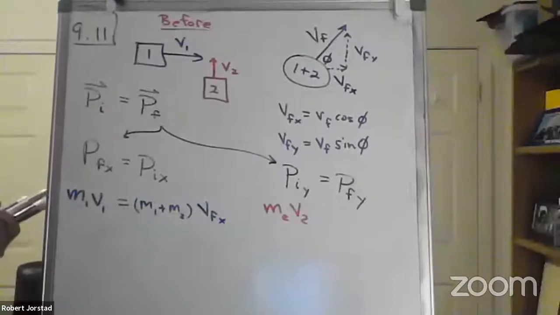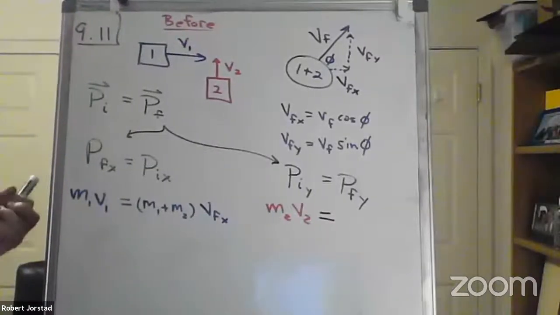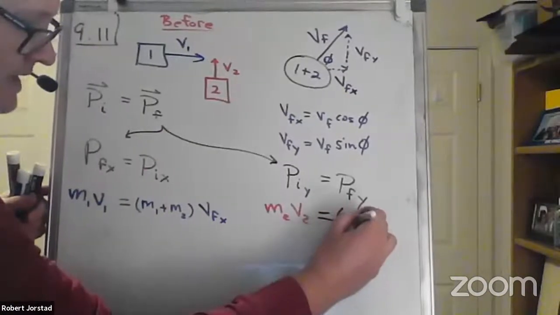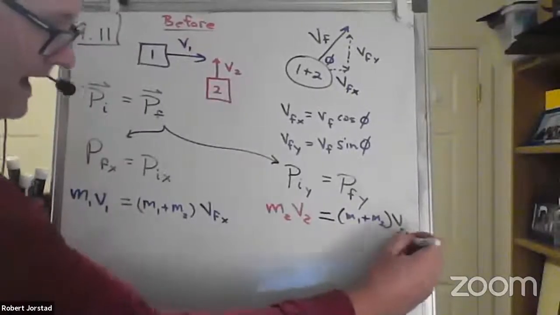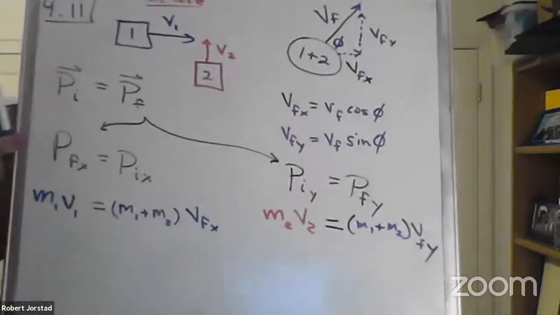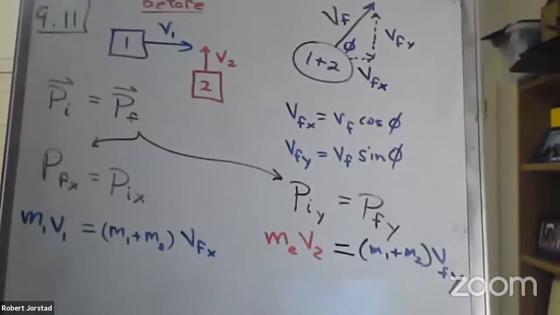All right, so then what do we get over here? That's going to be your final. That's the M12 stuff. Is that helping? Yeah. And this would be V final Y. Again, just so you can see this better, I'm going to scoot it as close as I can and up a little bit.